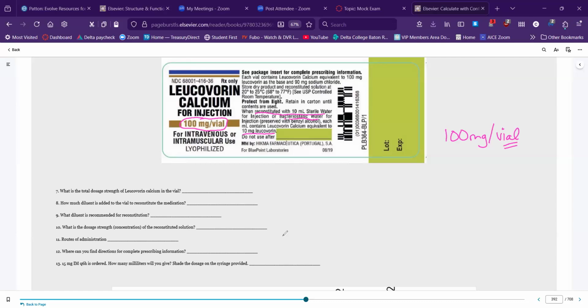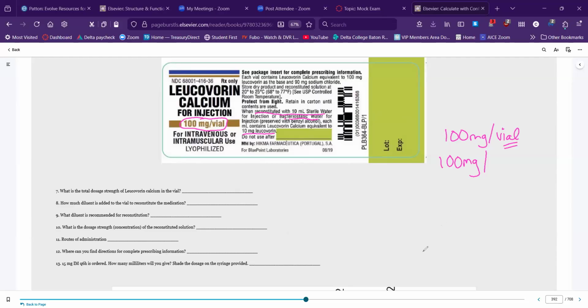So how much is total in the vial? If it's telling me to add 10 mLs and I have 100 milligrams per vial, then it's going to be 100 milligrams per how much? Per mL? How many mLs?